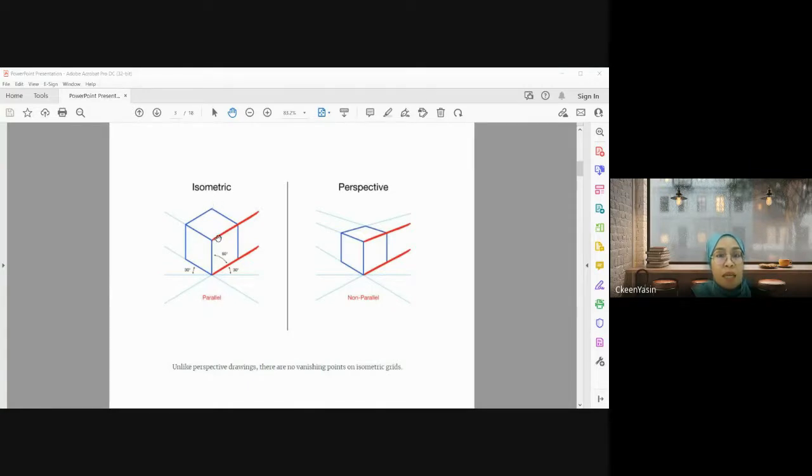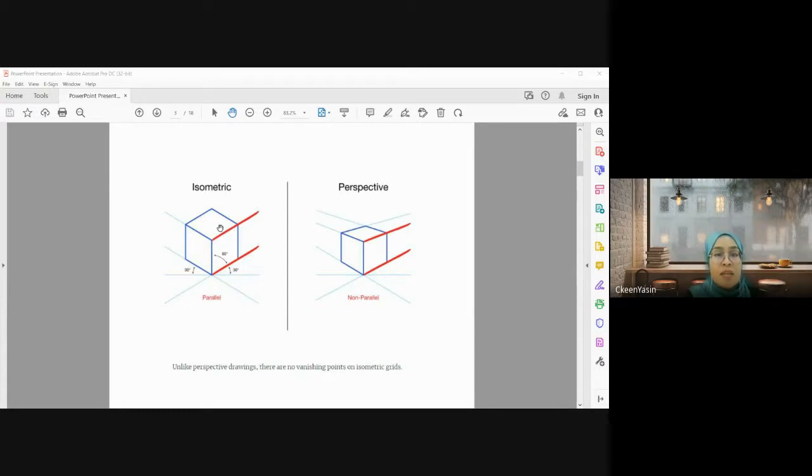Nampak tak the red line that I've shown in the drawing, it is parallel. While in perspective, when it goes far, it will be smaller. That is the difference between isometric and perspective.